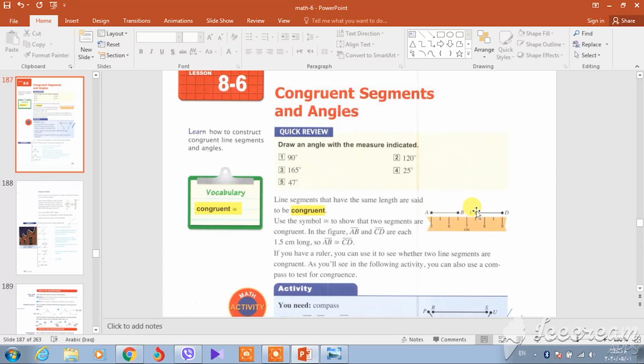After that we have line segment CD. We have 1 and a half, so the length of CD equals 1.5 centimeters. So line segments AB and CD are congruent, and you can write it like this: line segment AB is congruent to line segment CD, students.